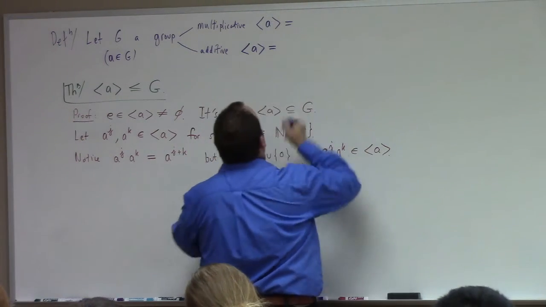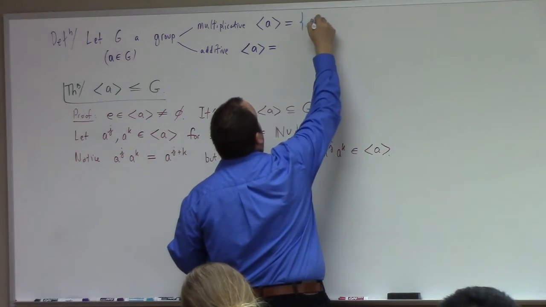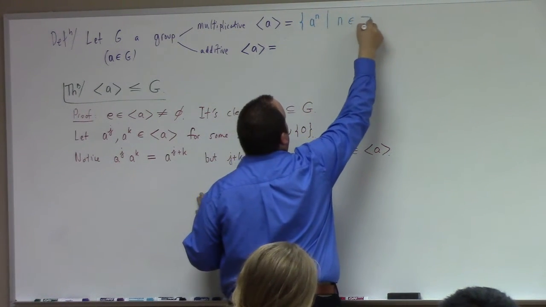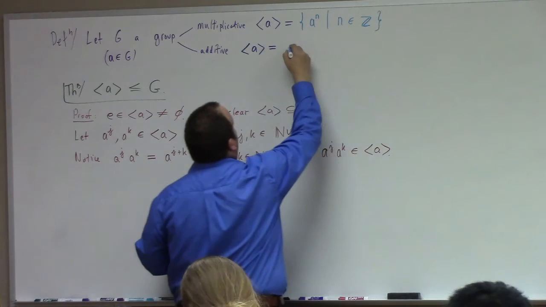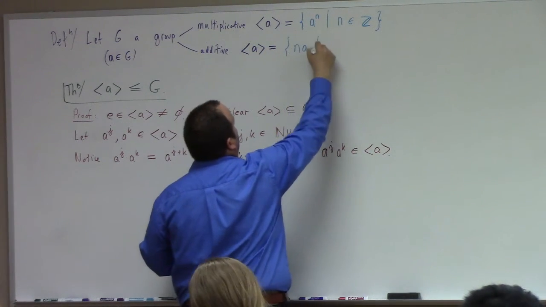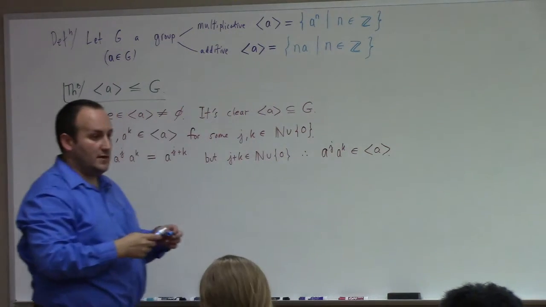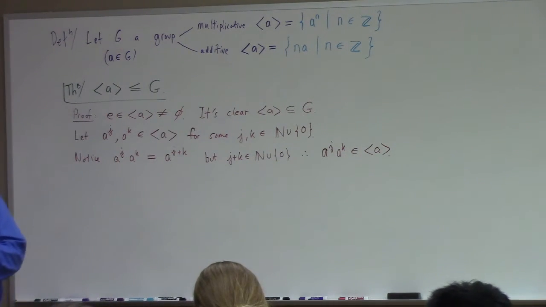So the definition actually is this. It's a to the n, such that n is an element of the integers. And here it's na, such that n is an element of the integers. So basically we just build in negative powers as well, right?